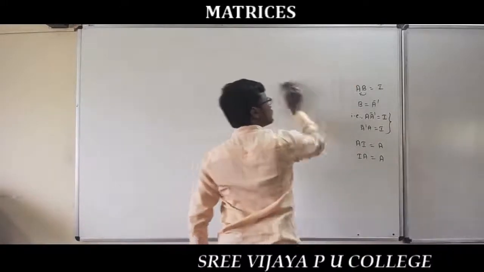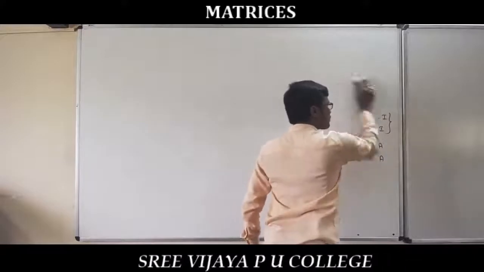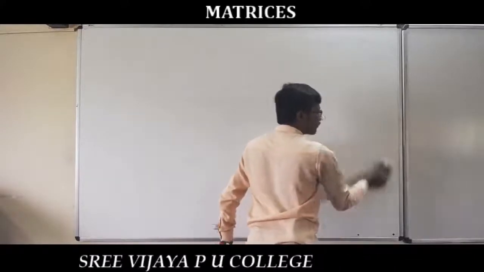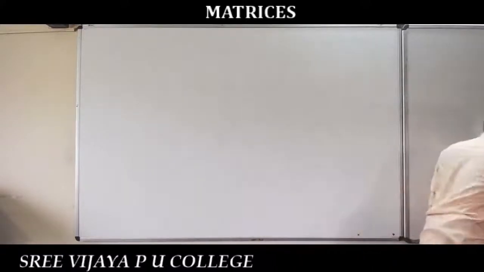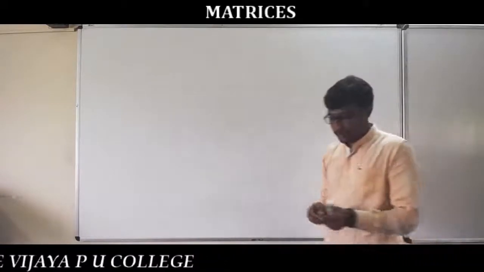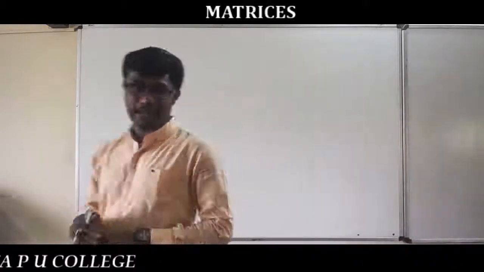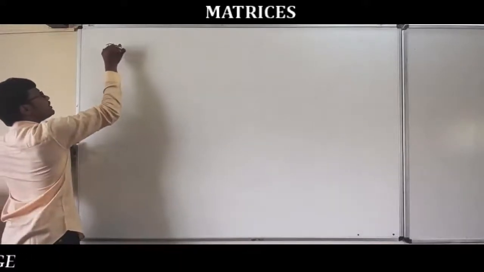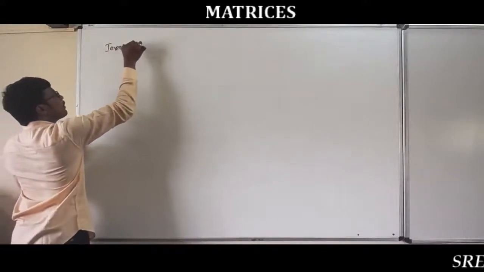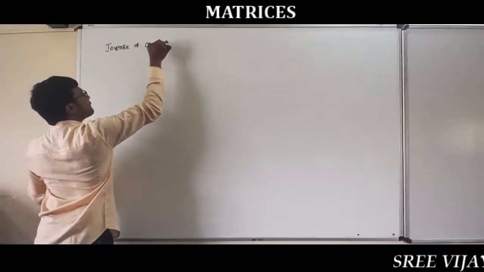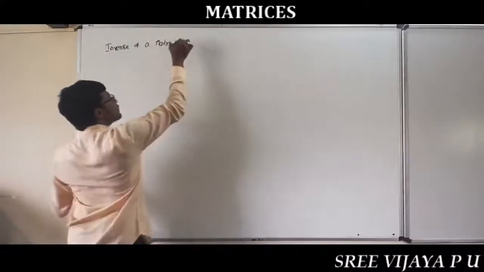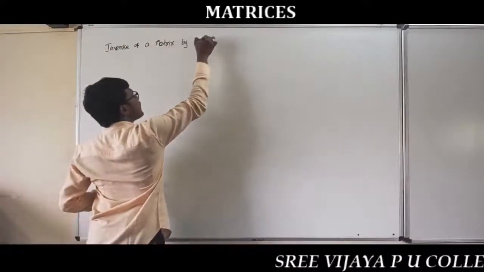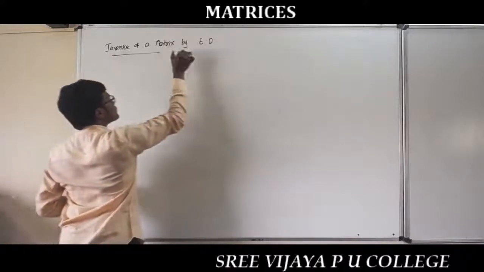Interchange of rows, multiplied by a non-zero number, addition of elements of a row with the corresponding elements of another row with a non-zero number. Okay, that is inverse of a matrix by using elementary operations.